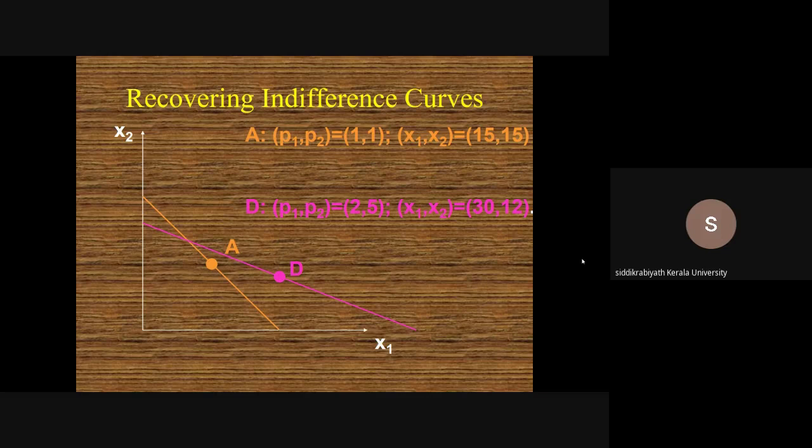But now this consumer's preference, which is D, is actually far away from what is inside the A range. So in that context, D is directly revealed preferred to A. So D is superior to A, not the other way around.